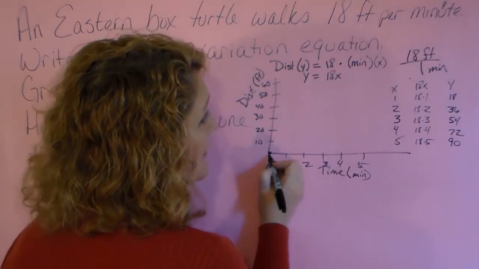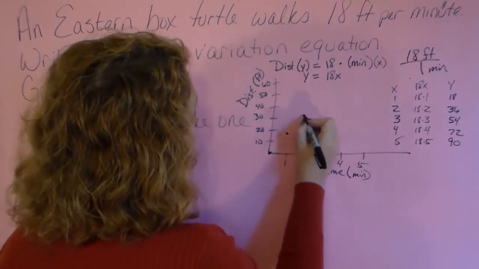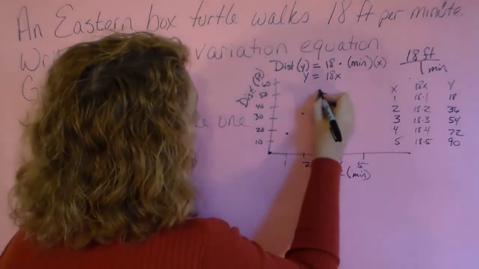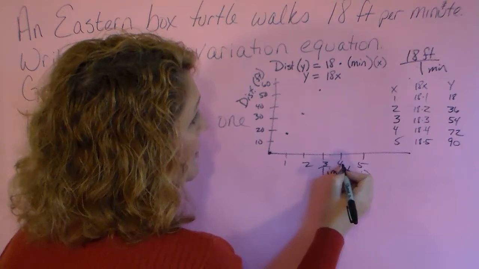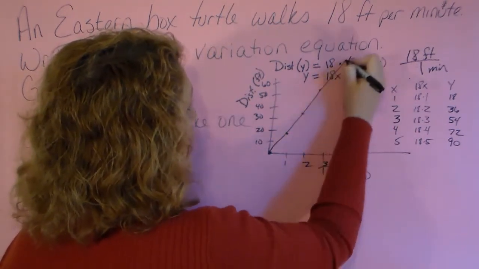And we're going to graph this. 18, 36, 54, 72, which is way up there, and that's what our graph looks like.